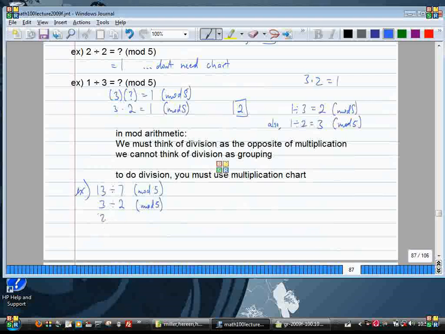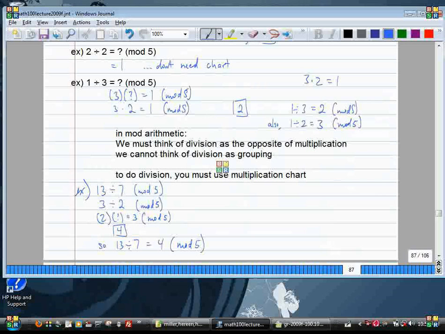Yep. So this is saying 2 times... oh, wait a second. 2 times what gives you 3? Right. Mod 5. That's 4. So 13 divided by 7 equals 4 mod 5.